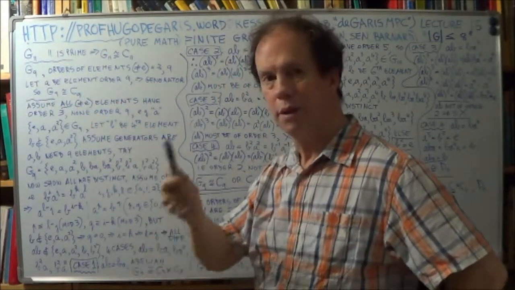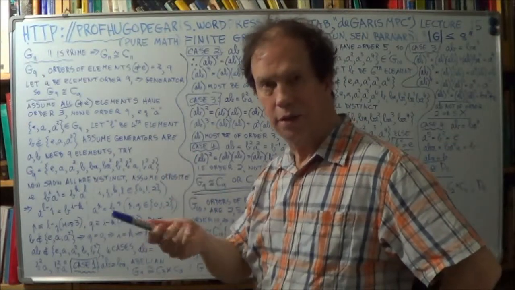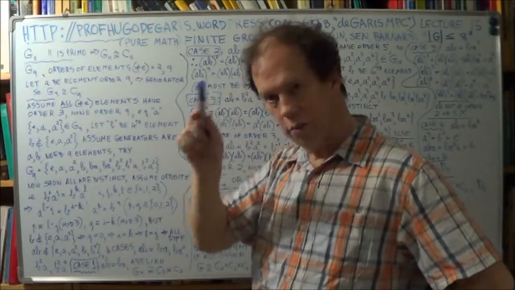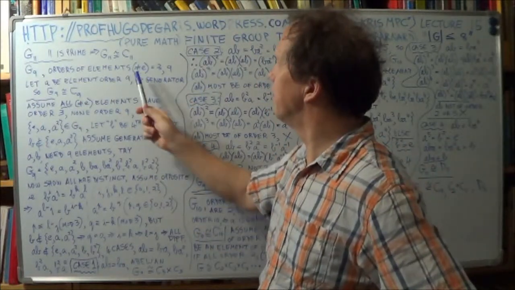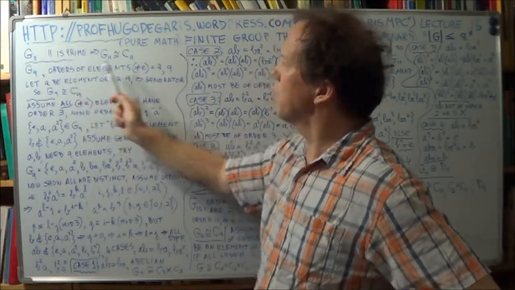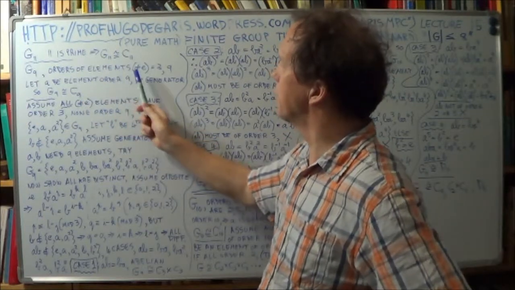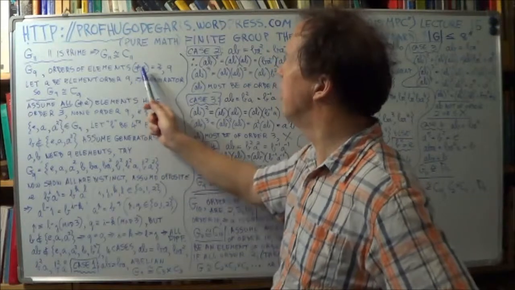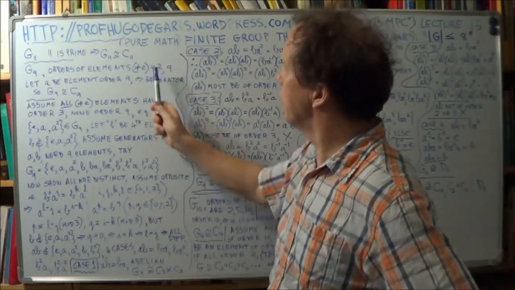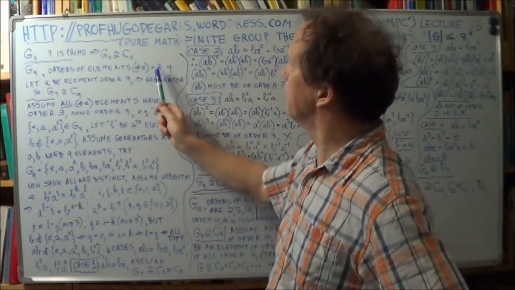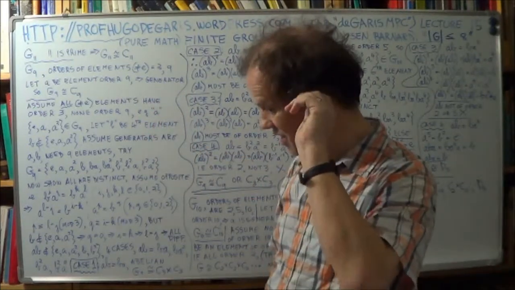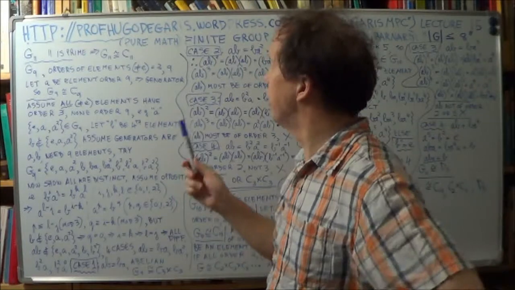There's 1, there's 3, and there's 9. That's it. Now, forget about order 1. That's just the trivial group. We already know that. So what are the possible orders of the non-trivial, non-unit elements? They have to be of either order 3 or order 9. That's a result of the corollary.